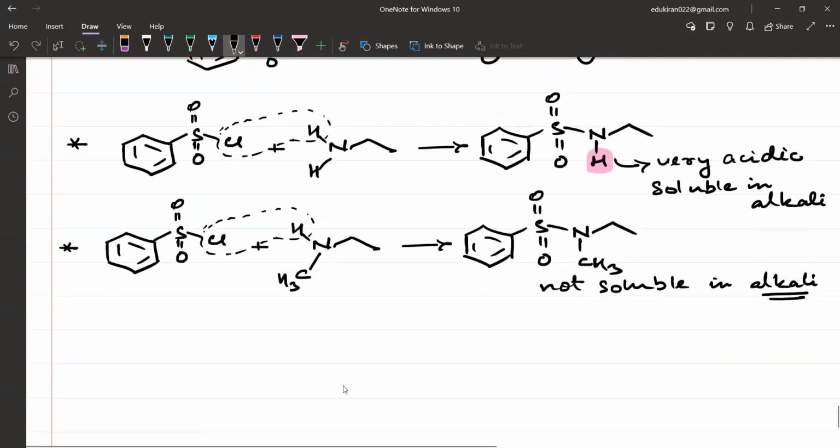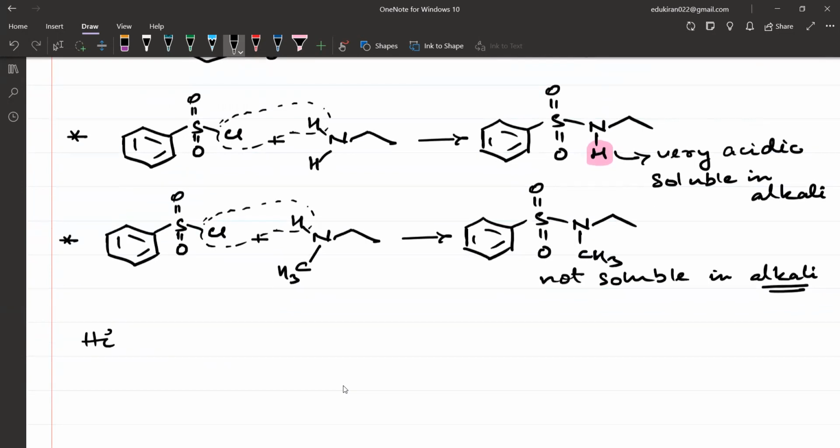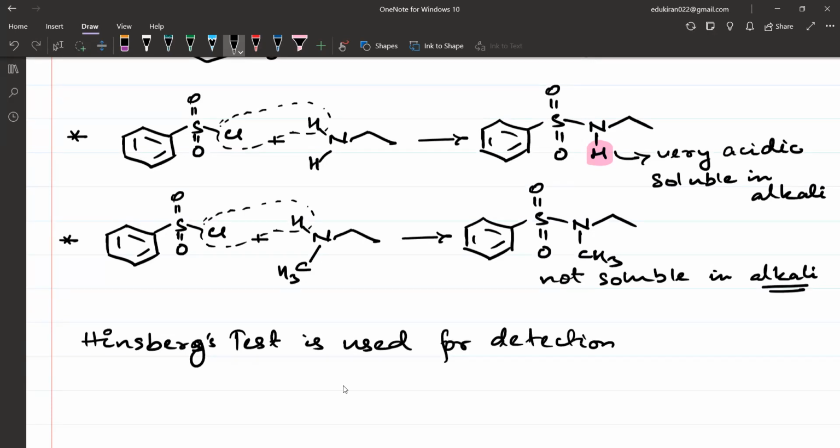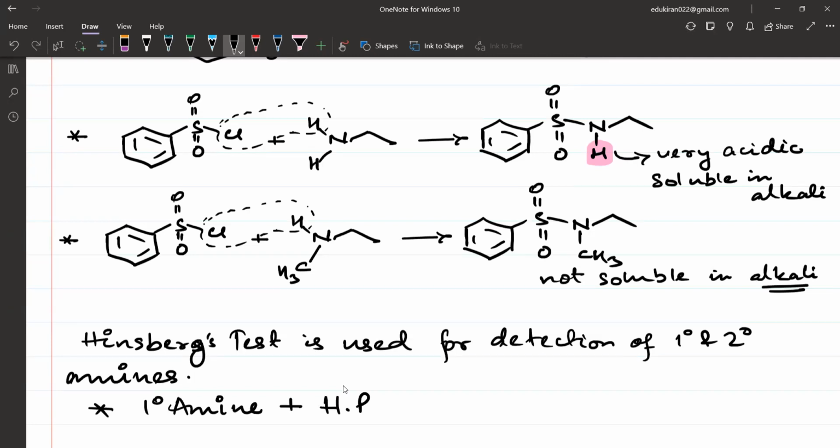Please write next. Hinsberg's test is used for a detection of 1 degree and 2 degree amines. ठीक है, यहाँ पे 1 degree amine plus Hinsberg reagent, soluble in alkali.